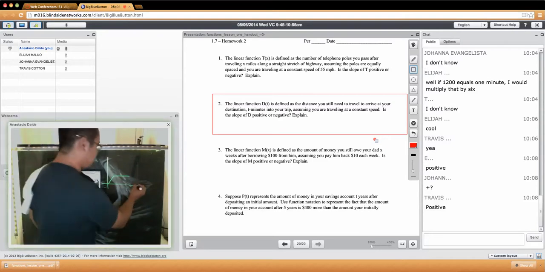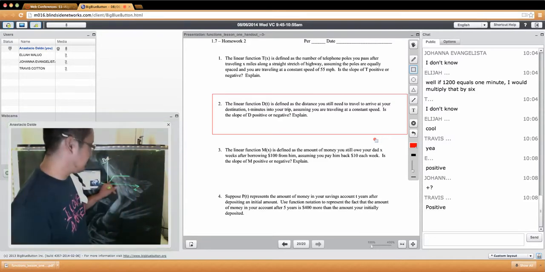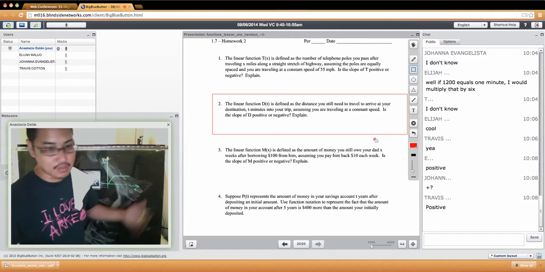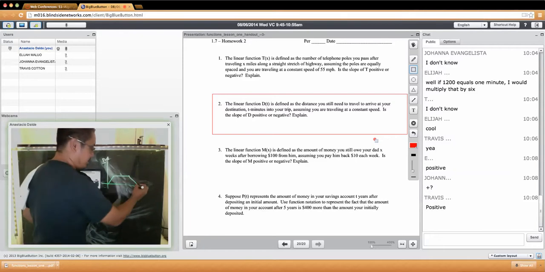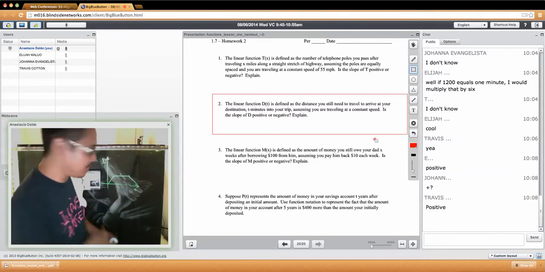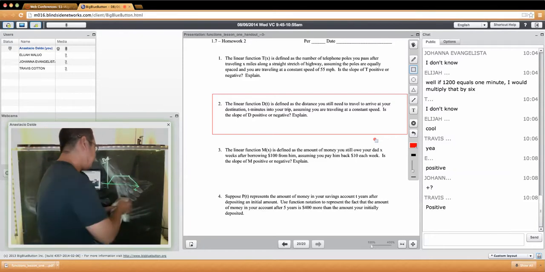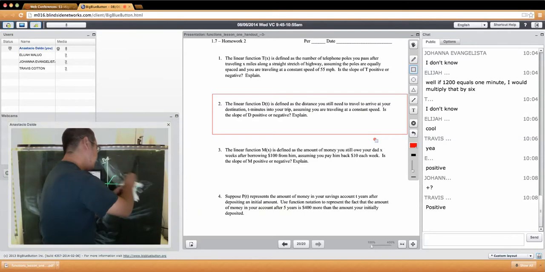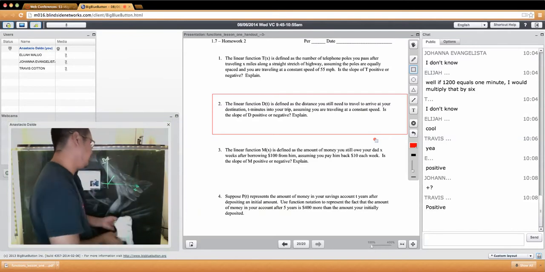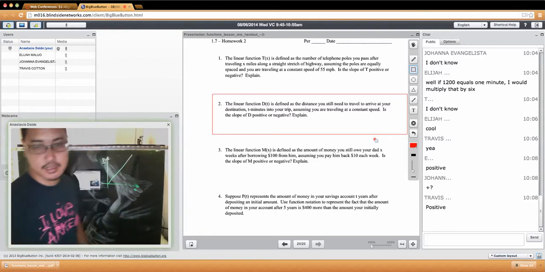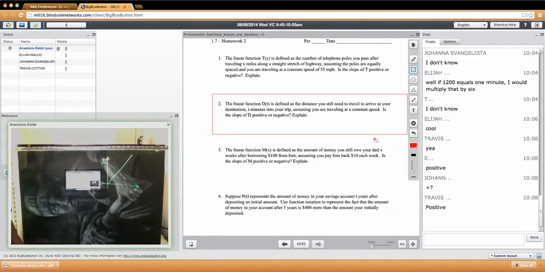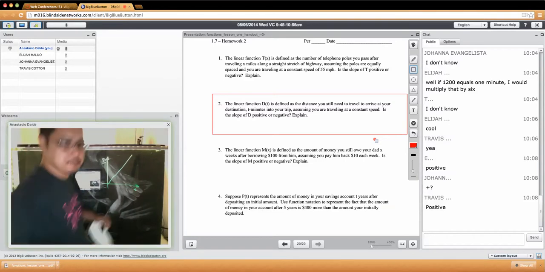Because if this axis were t and this axis were d, then it would have no slope. And then I could actually go backwards and go that way. But that wouldn't be moving at a constant speed. If I'm moving at a constant speed, it would just go up like that. Does that make sense? So I would just be walking this way.